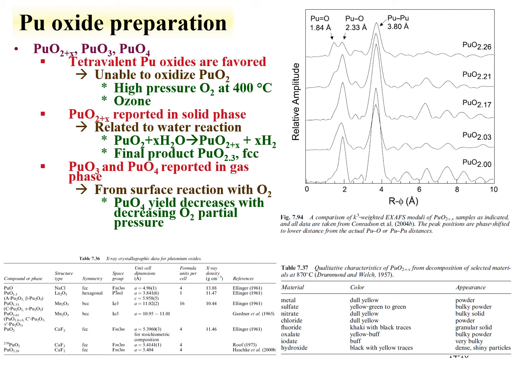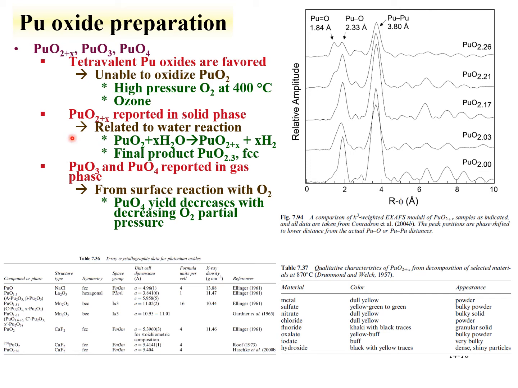This has been related to some water reactions as shown here, and also shown here is some XAFS data, where as we go from PuO2.00 to PuO2.26, what's observed is the growth of this plutonium-oxygen double bond at this peak. This is indicative of the formation of oxidized plutonium species.